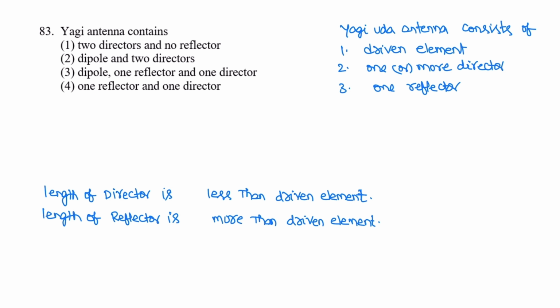The driven element is a dipole or folded dipole along with a reflector and one or more directors. That is, it is an array consisting of a driven element and one or more parasitic elements. Basically three elements: driven element, reflector and director. The director and reflector are parasitic elements, and the driven element is a dipole or folded dipole. The length of the director is 5% less than the driven element, and the length of the reflector is 5% more than the driven element. So these are the general scenarios.